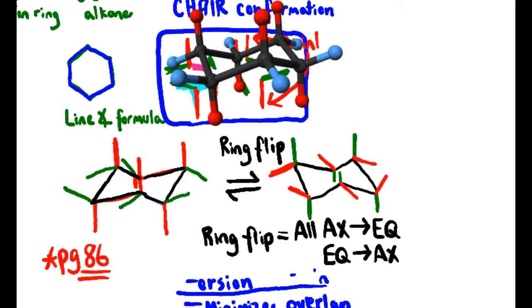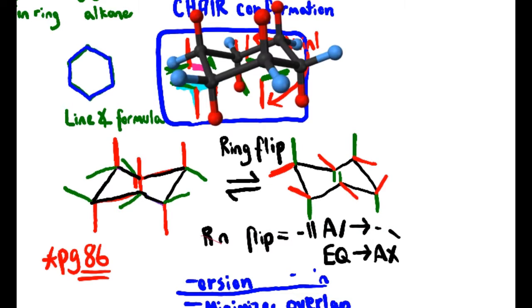So we have our two major conformations of cyclohexane shown here, the one that we started with and then the ring flipped version. Those are going to represent the two lowest energy conformations that we could possibly make for this cyclohexane by rotating around the carbon-carbon bond.